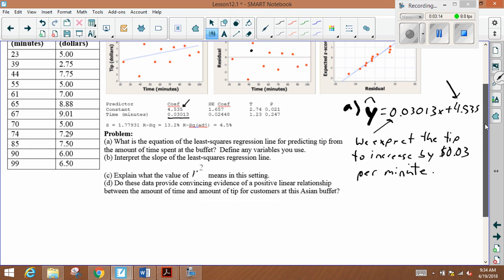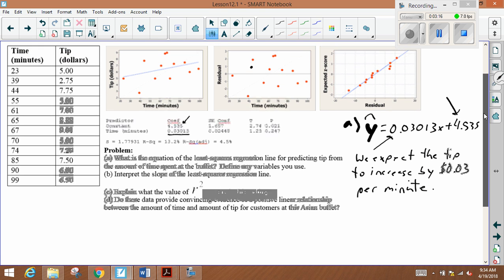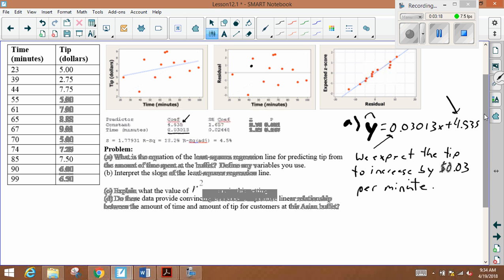Done. Explain what the value of r squared means in this setting. So r squared is here, and we're going to call that 0.132.